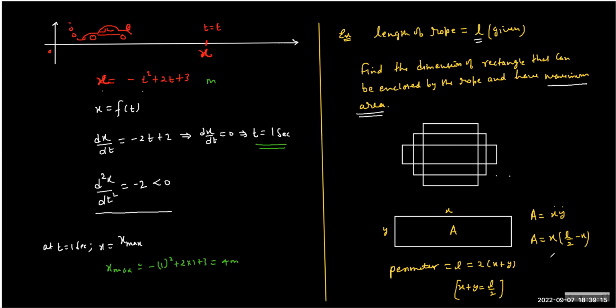Earlier I was not aware of the dimensions, so I chose X and Y, and then we realized that X and Y are related to each other. They are not independent. So using the constant relation, we were able to find the area as a single variable function. Now the quantity that I want to maximize or minimize is available in terms of a single variable.